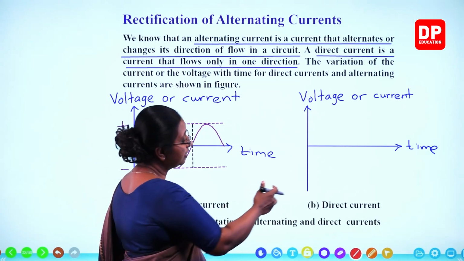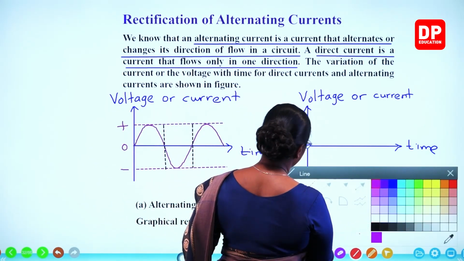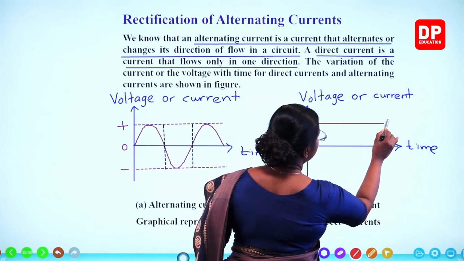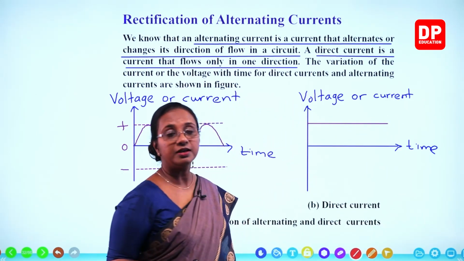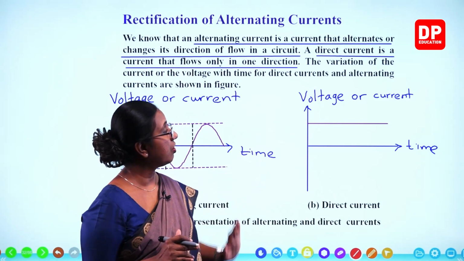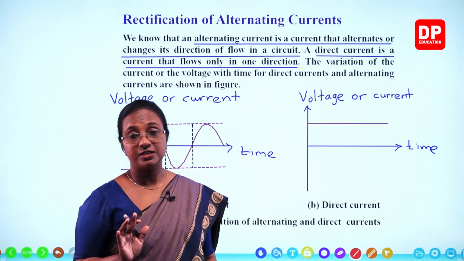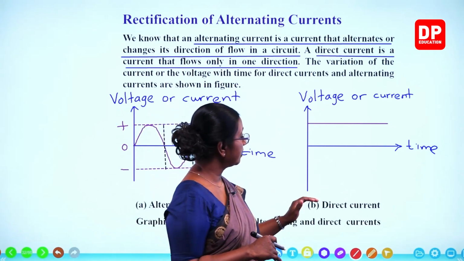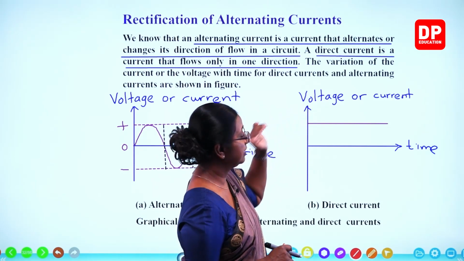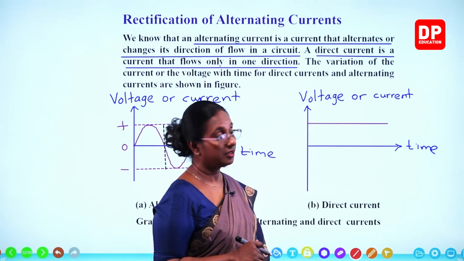But if we take the direct current, there is no change with time. It is parallel to the x-axis. There is no change in the voltage or current. The direction does not change. So if it is a direct current, it will be either in the positive direction or in the negative direction.